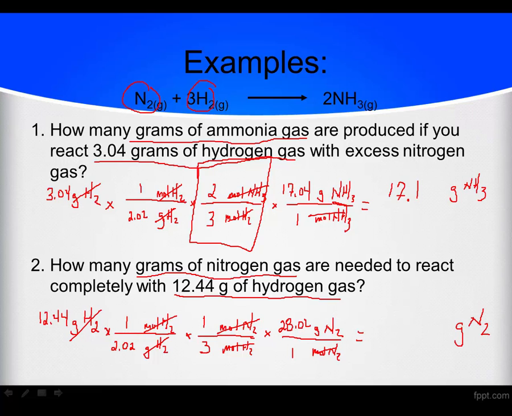So the math in the calculator is 12.44 divided by 2.02 divided by 3 times 28.02. With 3 sig figs, I'm getting 57.5 as a rounded value. Ooh, shoot, I wrote 3 sig figs. How many should we have? 4.